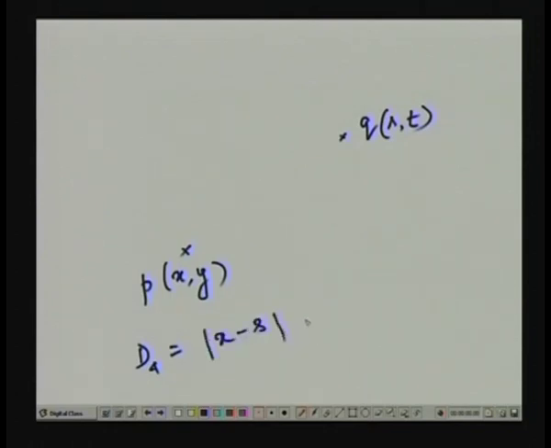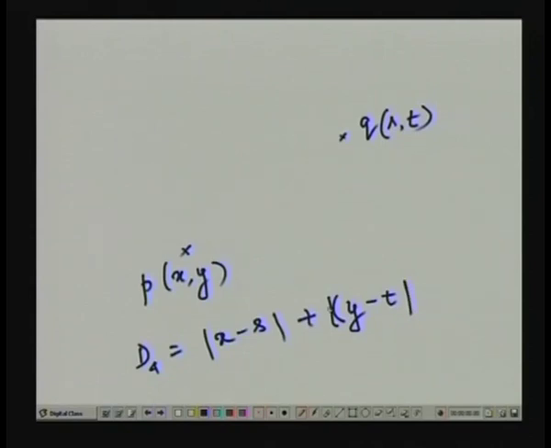If I have point P with coordinate x, y and point Q with coordinate s, t, then this d4 distance is equal to |x minus s| plus |y minus t|.